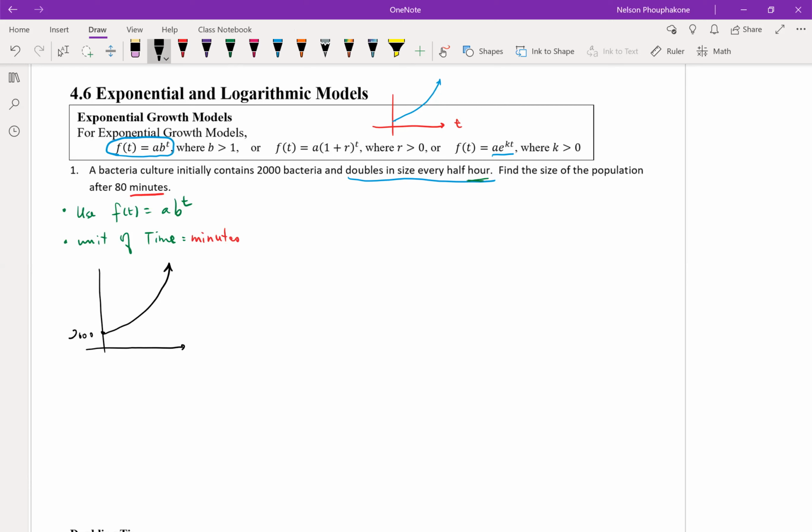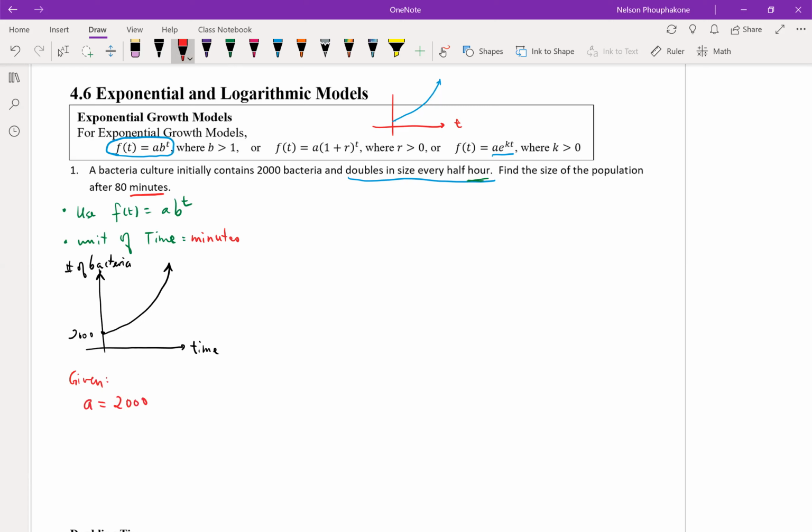The vertical axis is the number of bacteria, and the horizontal axis is my time, in minutes. Based on what we just read, my initial value is 2,000 right away, so we know that a is equal to 2,000.